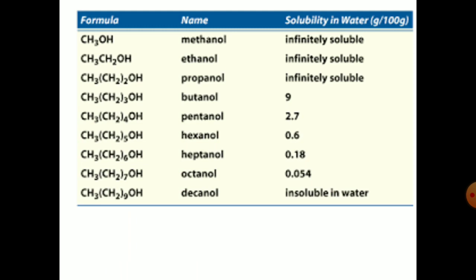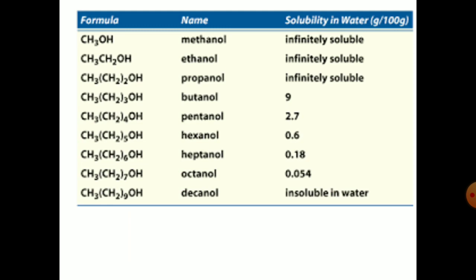And I am just showing you some examples here. Methanol, and its solubility in water per 100 gram. If you take methanol and dissolve it in 100 gram of water, then it is infinitely soluble. That means it is soluble to any extent.